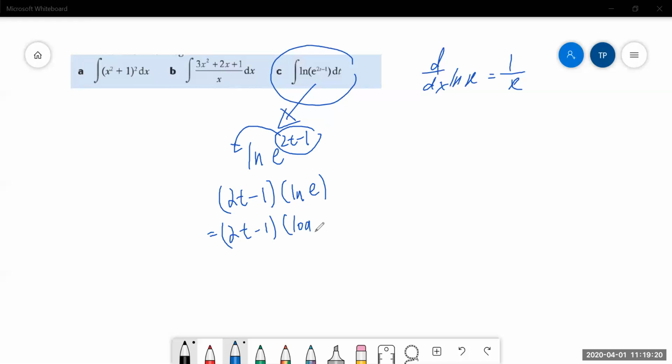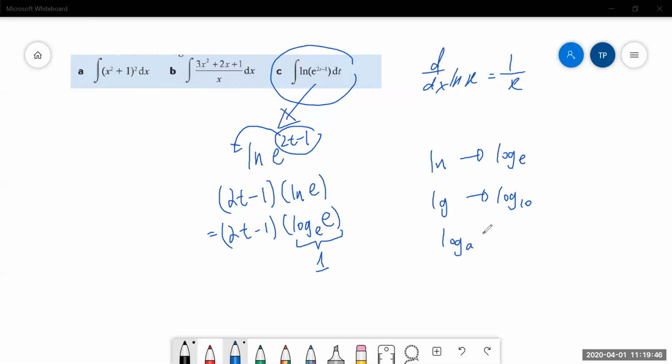ln e is log base e, right? Is it? Yes, it is. Ln basically means log base e. Log means log base 10. You need to know that. So log base e will equal 1, like you said.